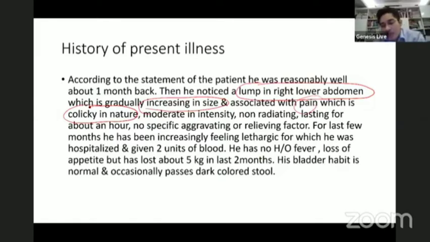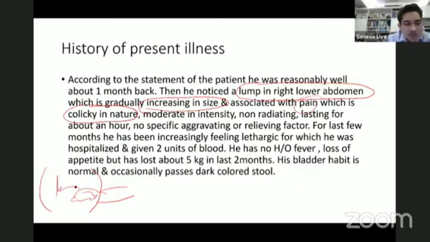Why? Because the cecum is quite wide, and the contents are ileal contents, which are usually fluids, right? So the chances of obstruction over here are quite rare, but colicky may be moderate, which is the pain is moderate in intensity, non-radiating, lasting for hours, no specific aggravating or relieving factor.